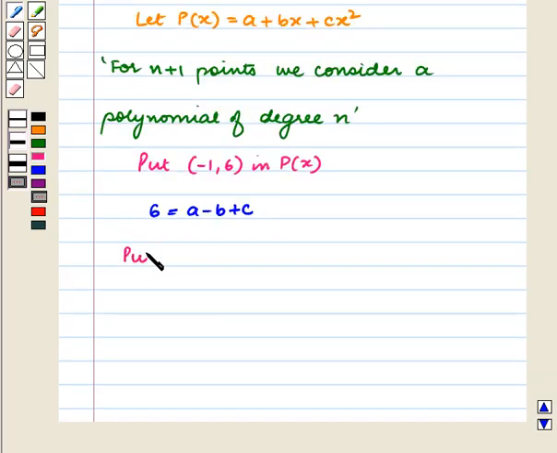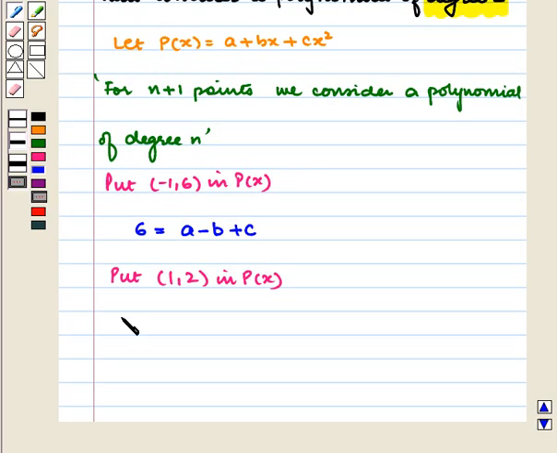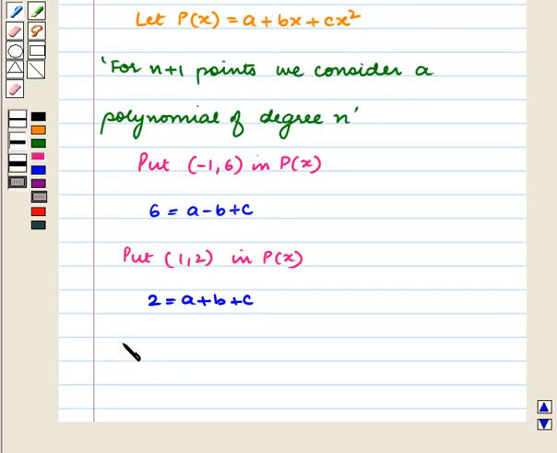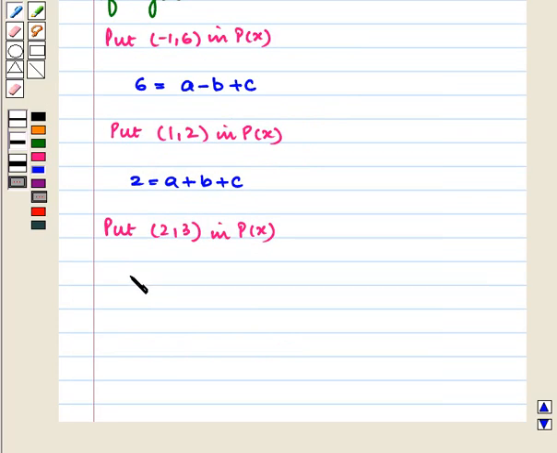Then we put (1, 2) in p of x and we get 2 is equal to a plus b plus c. And lastly, we put (2, 3) in p of x and we get 3 is equal to a plus 2b plus 4c.